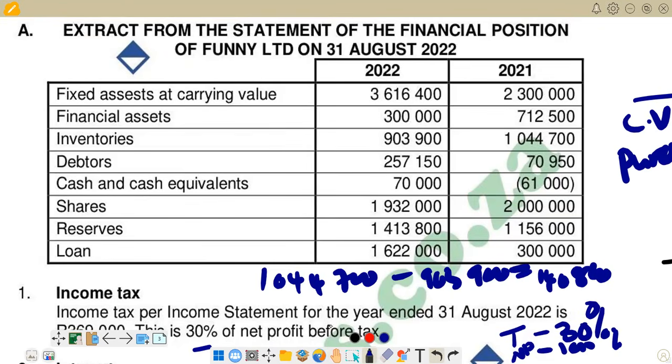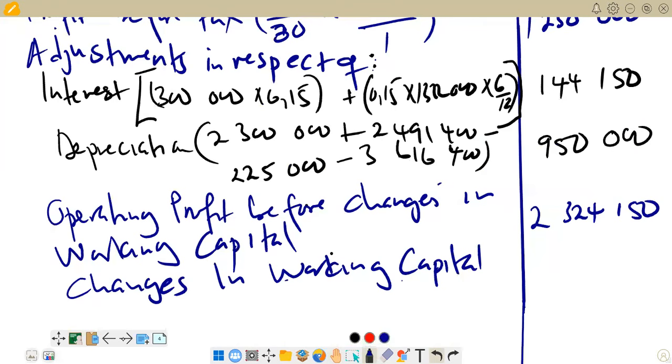So we are going to make an addition of that one, and we are just going to say decrease in trading inventory.